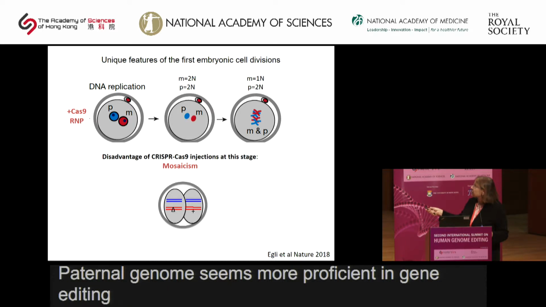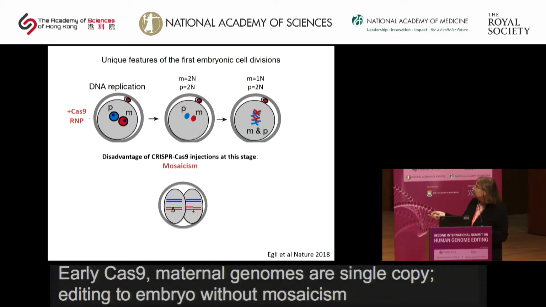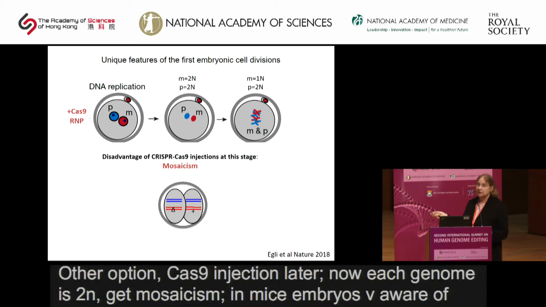Now the issue is that each genome is going to be 2N, and so this can lead to a high frequency of mosaicism that, again, was just mentioned in human embryos, and those of us working in mouse embryos are very aware of this, and that it's very difficult to get out clean genotypes in injected eggs. So the individual then has two different cell types in its body, one that might be edited, say, and the other one that's still unedited.